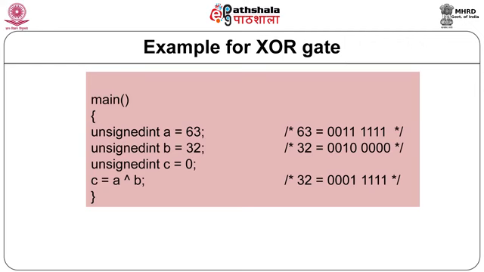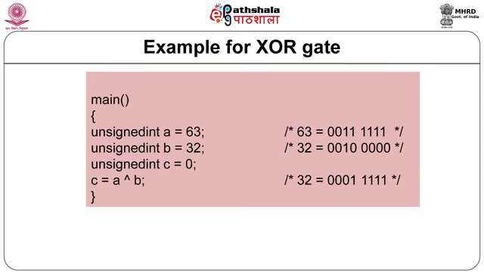You can see here I considered 3 different variables: A, B and C. The A variable is considered as unsigned, and the compiler will take the binary equivalent of that 63. So 63 in binary is 0 0 1 1 1 1 1 1.